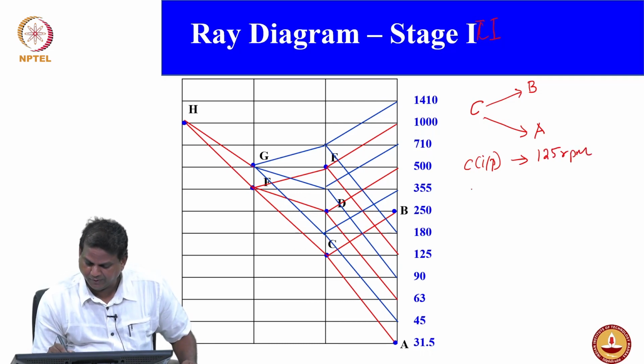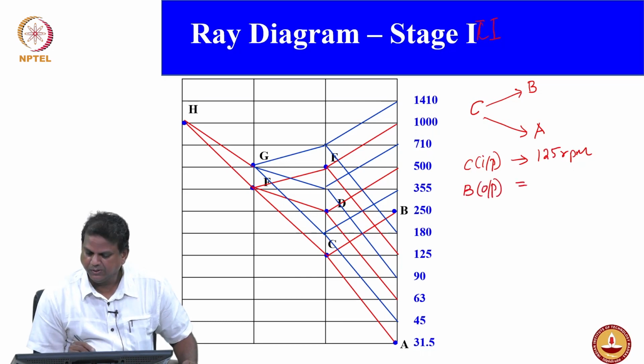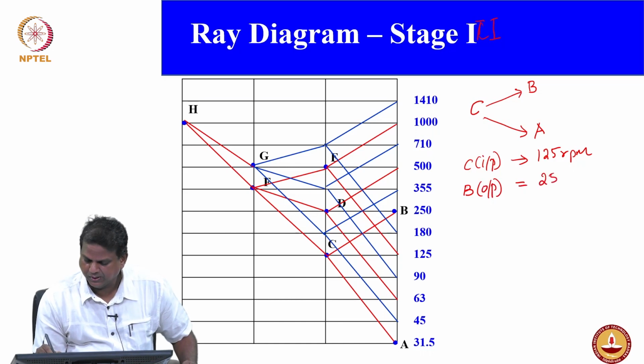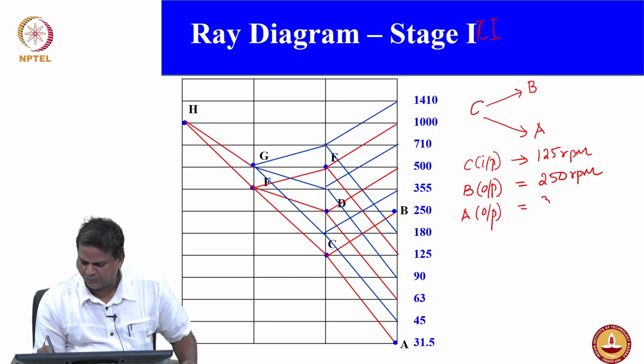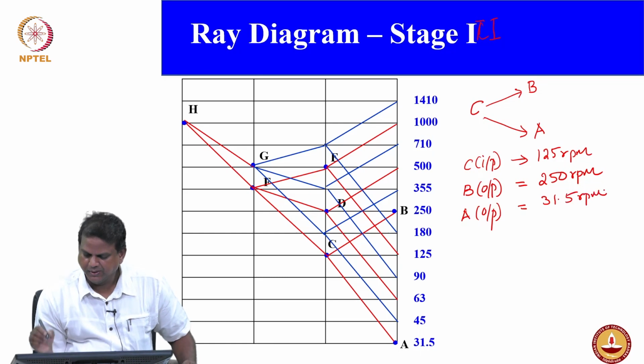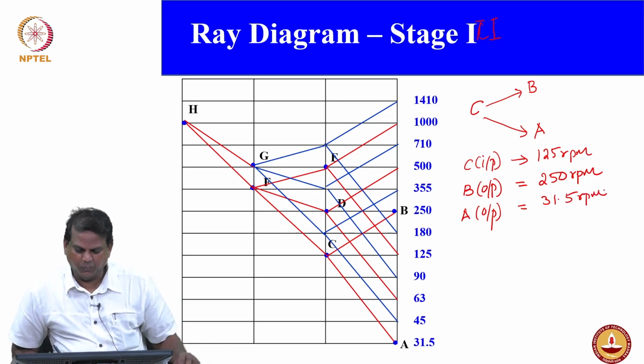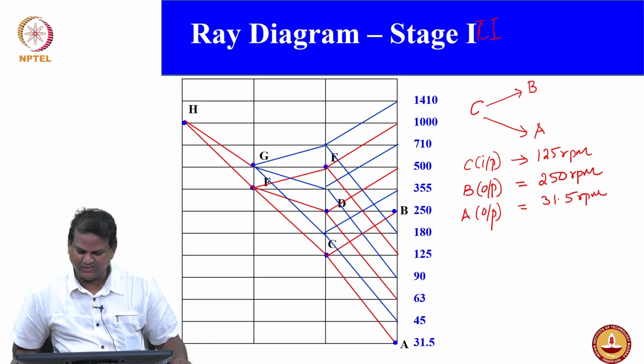Okay. For B, the output speed is 250 RPM, and for A, the output speed is 31.5 RPM.